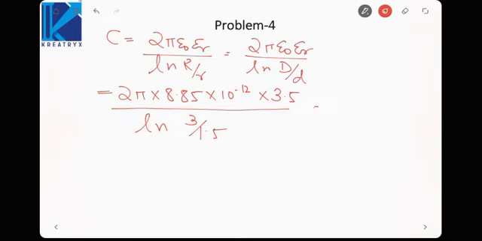So how much will this come out? 2 pi into 8.85 10 raised to power minus 12 into 3.5 divided by ln 2. So this will come out to be 0.28 nanofarad per kilometer. And if we calculate the actual value, it will be into 4. So it will be 1.12 nanofarad. Okay, that is 0.28 into 4.